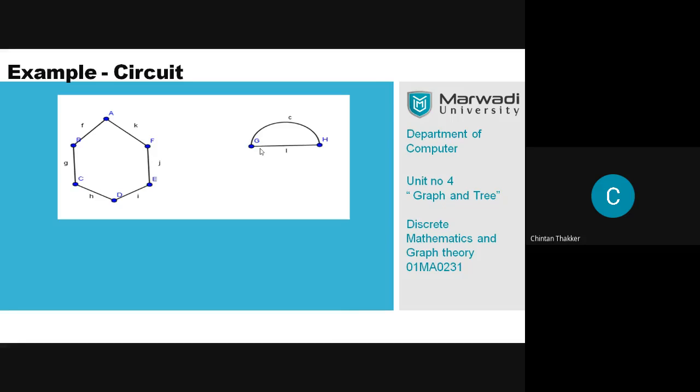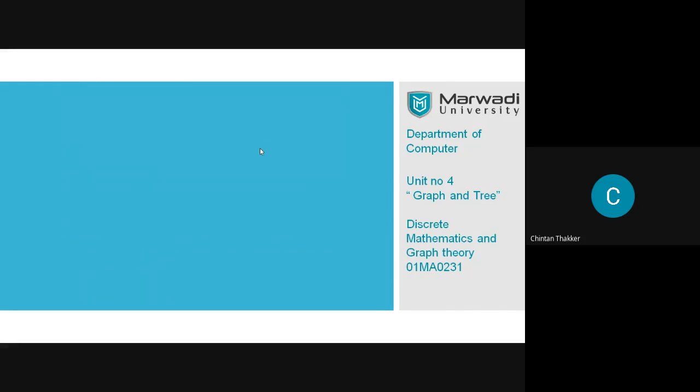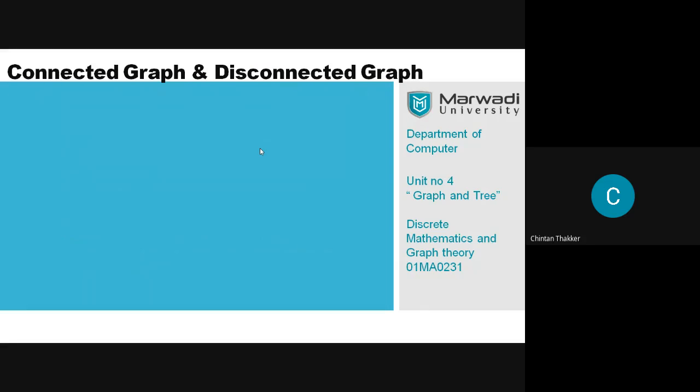Now from these two, you can note one point: in a circuit, every vertex has degree 2. A vertex may have more than 2 degree in a graph, but when we draw the circuit only, then in that circuit every vertex has degree 2. Okay?